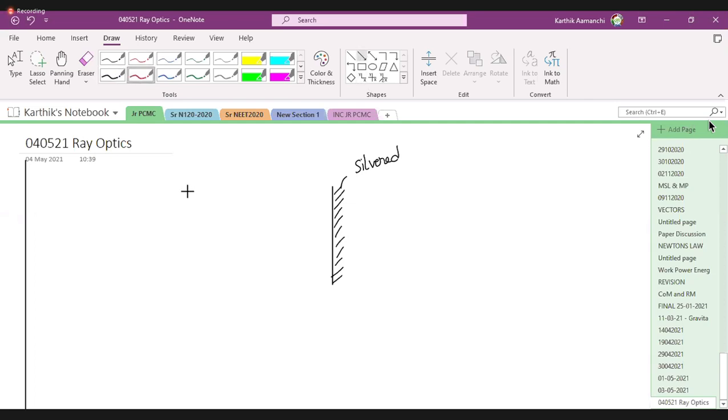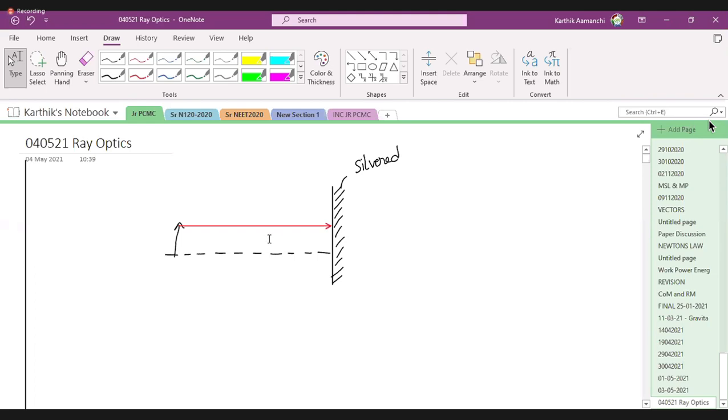Now, see, if there is an object placed here, there will be one ray which goes like this, and one ray which goes like this, that is parallel to your principal axis.